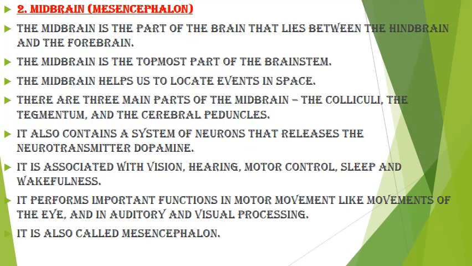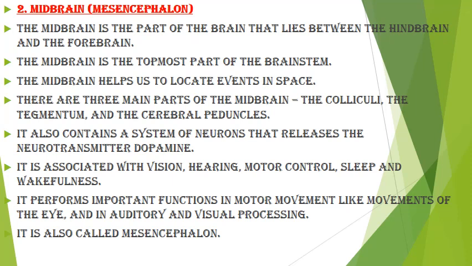Next is midbrain. This is the part of the brain that lies between the hindbrain and the forebrain. The midbrain is the topmost part of the brainstem. The midbrain helps us to locate events in space like astral projection or OBE, out of body experience. There are three main parts of the midbrain: the colliculi, the tegmentum, and the cerebral peduncles.